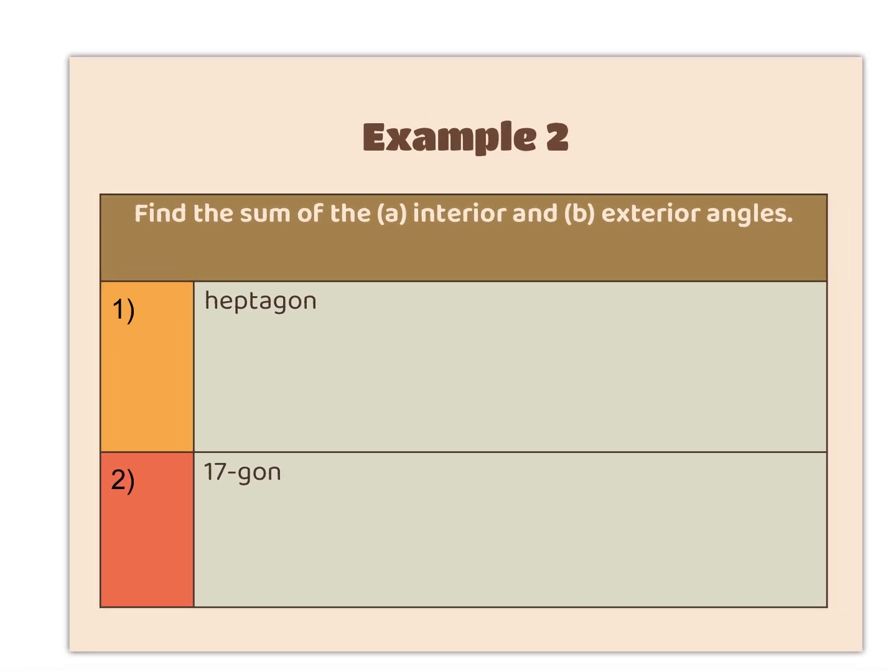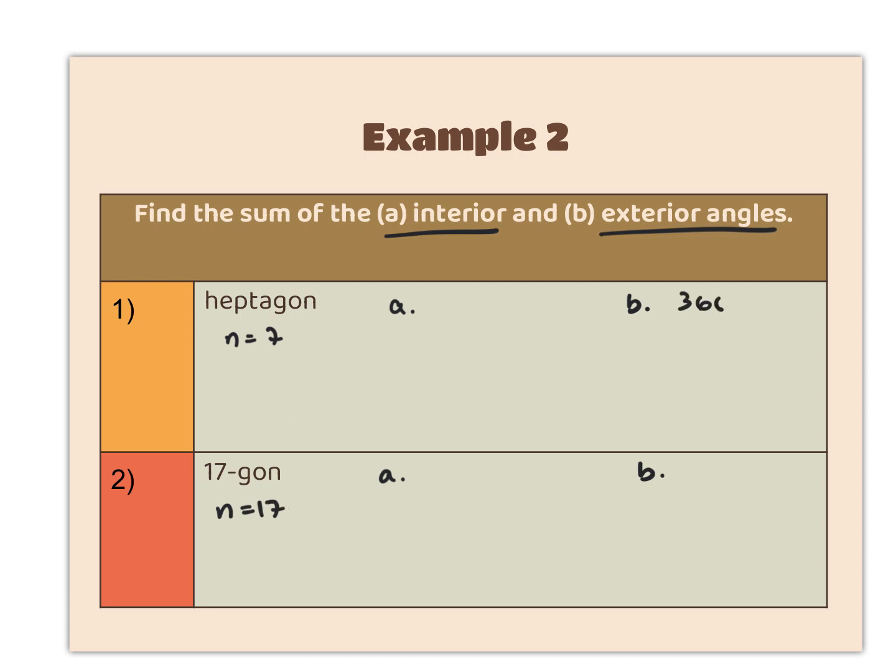So it says here, find the sum of the interior angles of these polygons and then find the sum of the exterior angles. Well, here's A and here's B. B is the exterior angles. Guess what? It doesn't matter to me how many sides my shape has, okay?